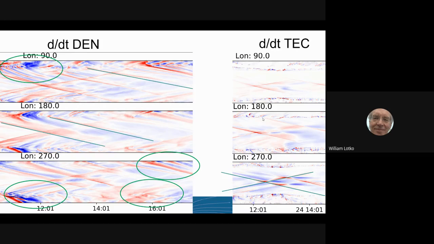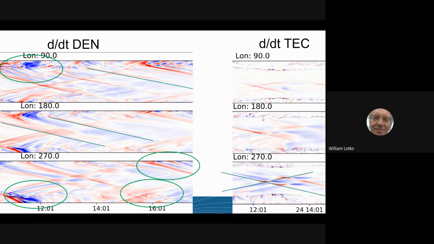But if I'm interpreting what I'm seeing in these plots, it seems the source of the neutral density waves, TADs, is in a very different location than the TIDs, which is curious.